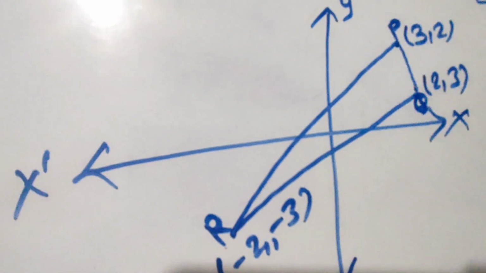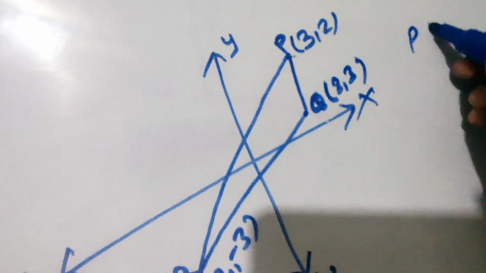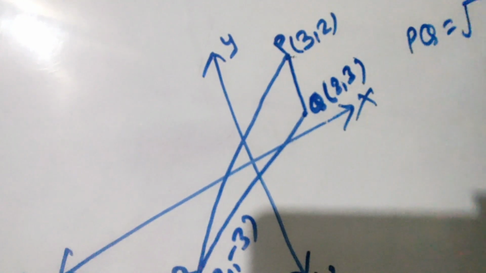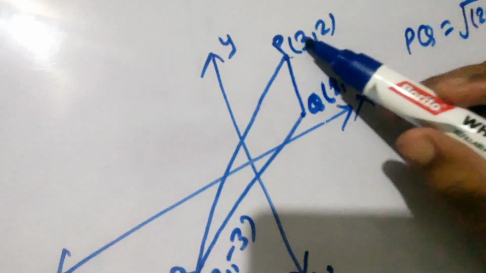First find out the value of PQ. What is the PQ value? Under square root of (2 minus 3) square plus (2 minus 3) square.